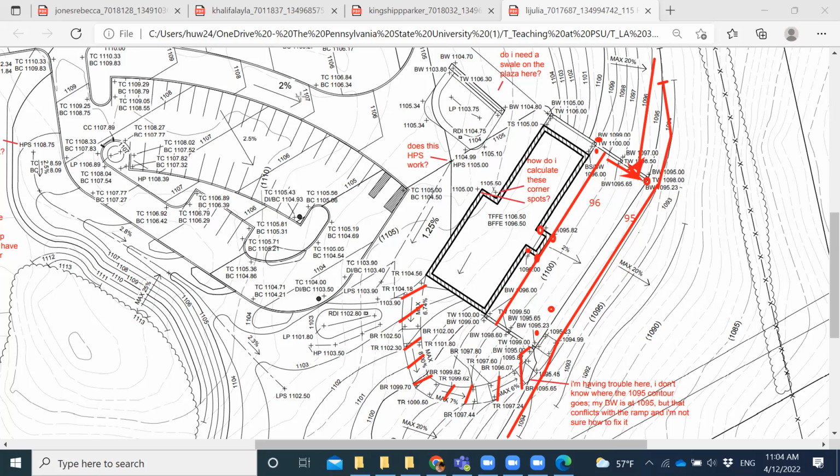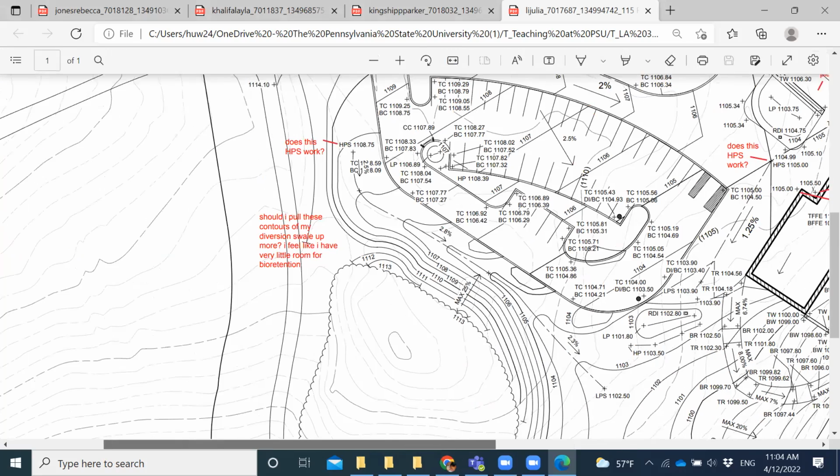I know we have something on the left, so I'll go to the left. Should I pull the contours on my diversion swale up more?